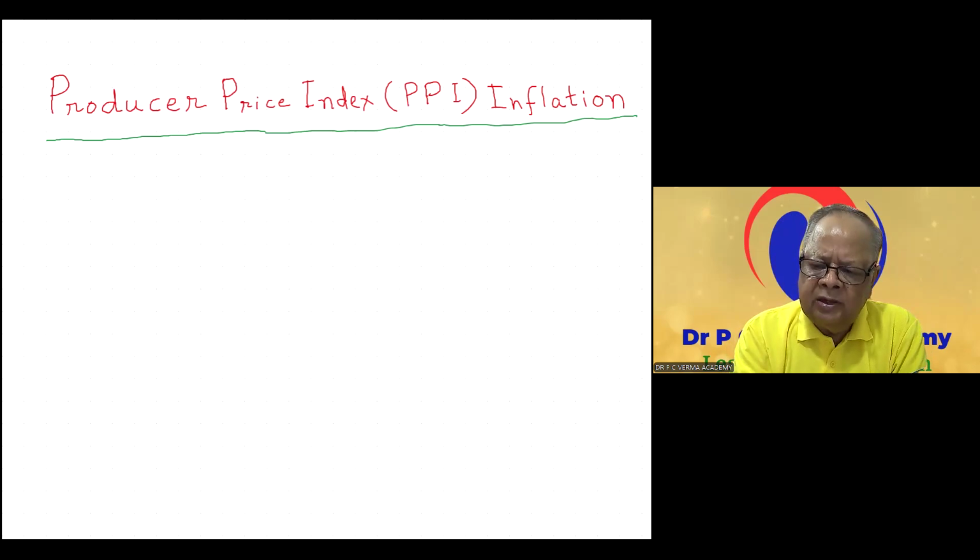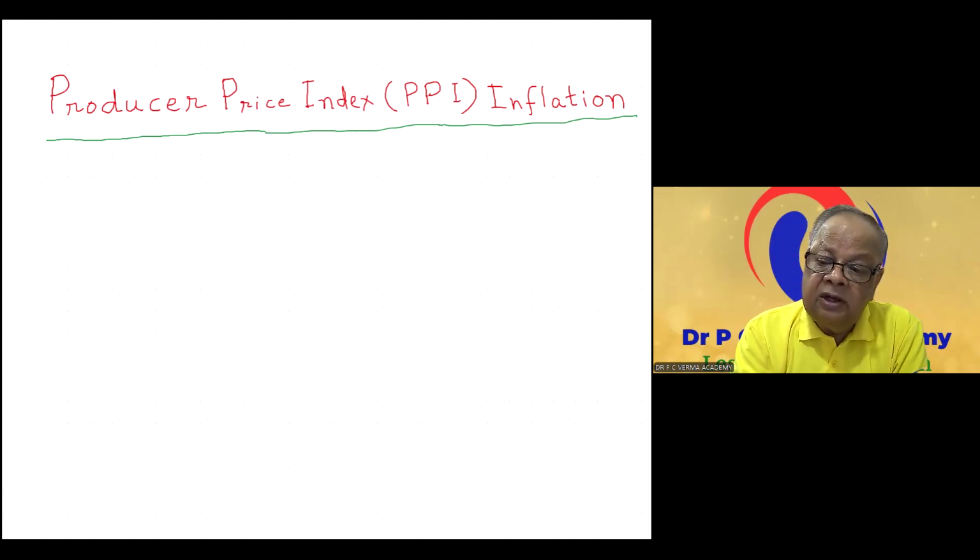There are more than 15, 16 types of inflation in practice in different countries of the world. In the United States of America, this Producer Price Index, PPI, is most important in the calculation of price variations in the American economy. In India, CPI is very famous, the Consumer Price Index number.